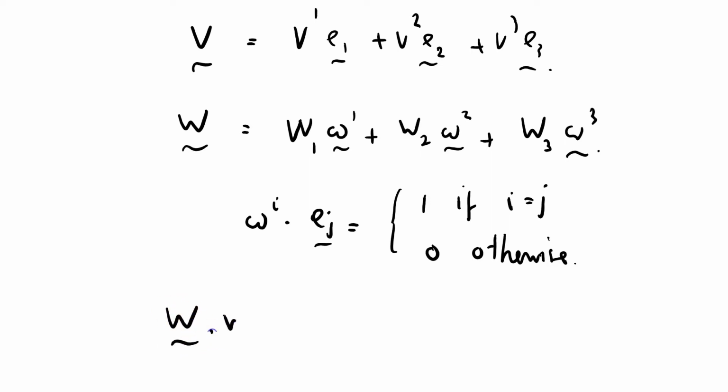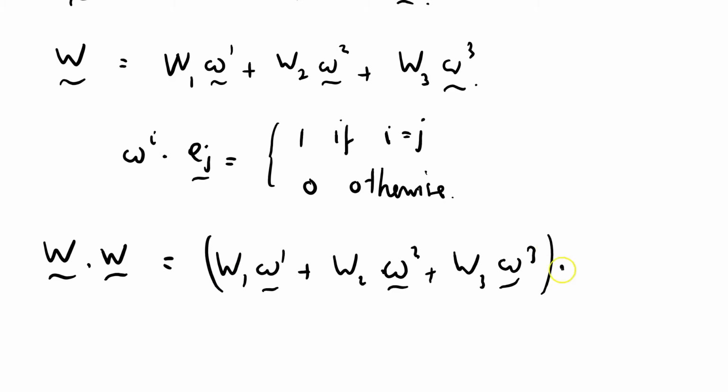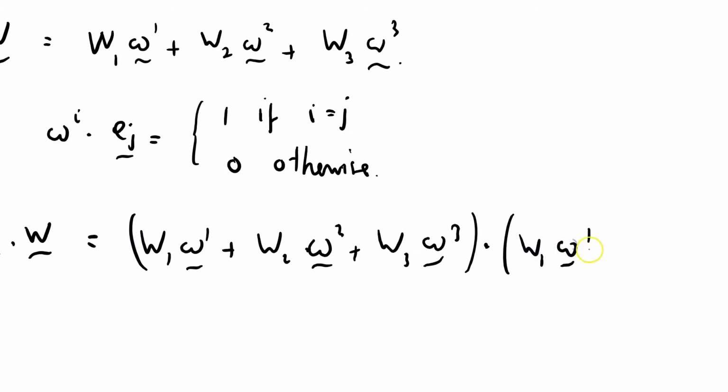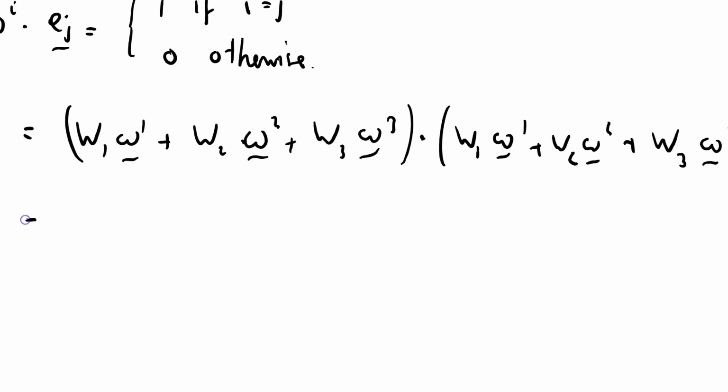Now if I want to get w dot w, that equals w1 omega 1 plus w2 omega 2 plus w3 omega 3 dotted with itself, dot w1 omega 1 plus w2 omega 2 plus w3 omega 3.